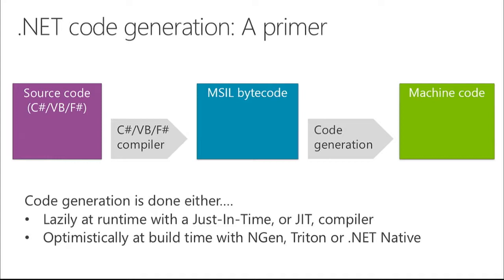MSIL is an accurate representation of your program, but it's not ready for any machine to run. It's based on an abstract stack machine. You need to turn that code into real assembly code for any particular architecture like ARM or x86. And so the question is, how do you get from the MSIL to machine code?